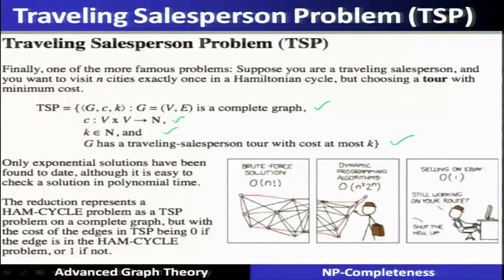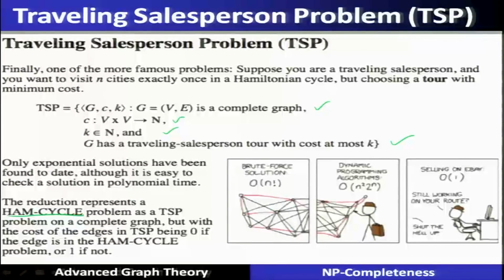Now, here only exponential solutions have been found to date. That means there are no good algorithms, although it is easy to check the solution in polynomial time. The reduction represents a Hamiltonian cycle problem as the traveling salesman problem on a complete graph, with the cost of edges in the traveling salesman problem being 0 if the edge is in the Hamiltonian cycle, or 1 if it is not there.